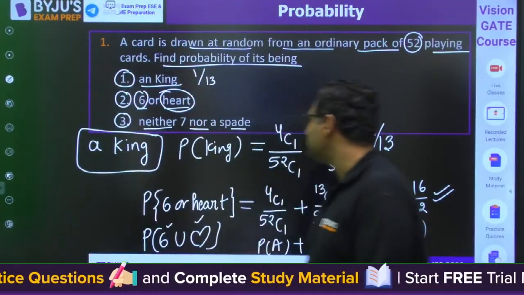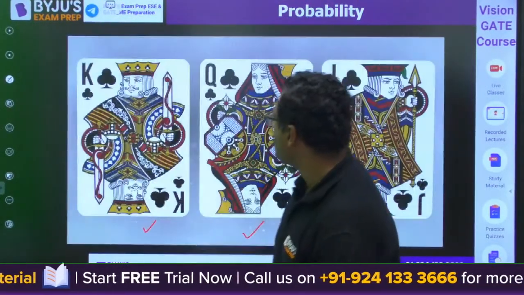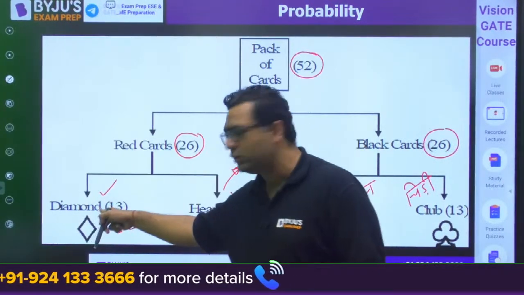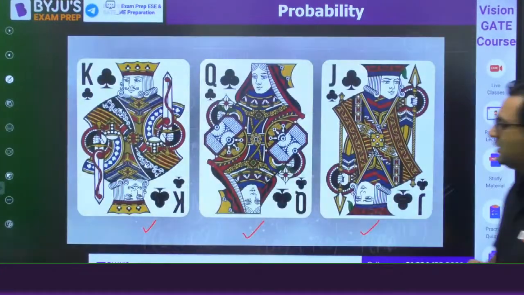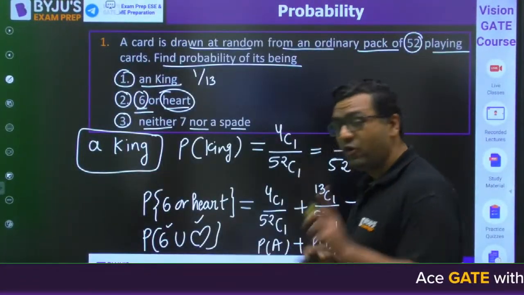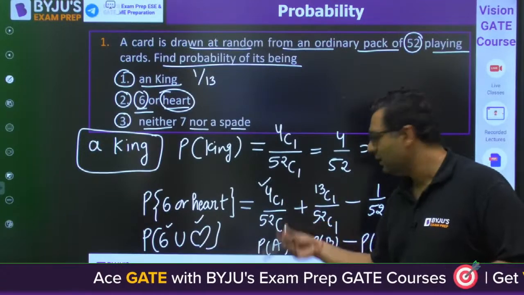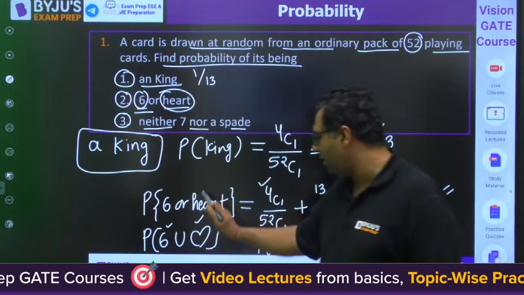Arithro's second case is they are saying either we will get a 6 or we will get a heart. I have just shown you the card problem. You know 6 will be available in diamond also, in heart also, in spade also, in club also. So that is why there are 4 possibilities, and I will choose any one of those 4. So 4C1 by 52C1. And then we are having the heart.